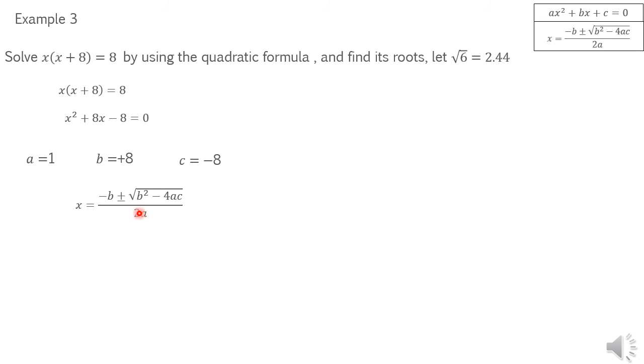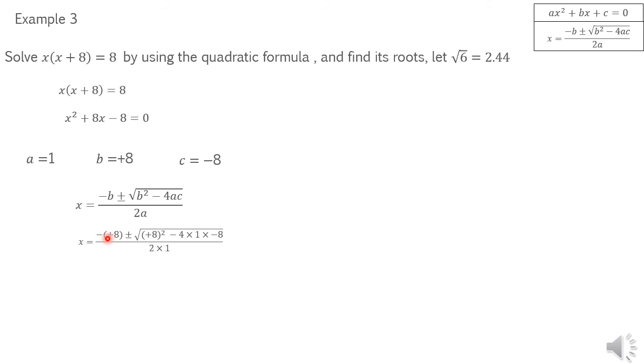Now put the values: negative b, so negative sign is here, b is positive 8. Then plus or minus square root of b square, that is positive 8 square, minus 4 times a times c, that is negative 4 into a is 1, and c is negative 8. Then the whole thing divided by 2 times a, that is 2 times 1.